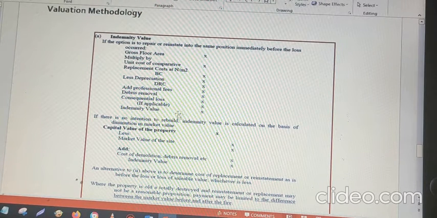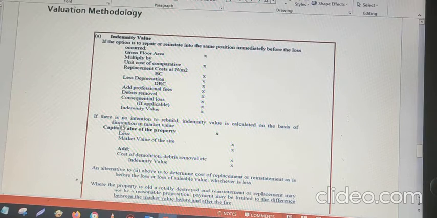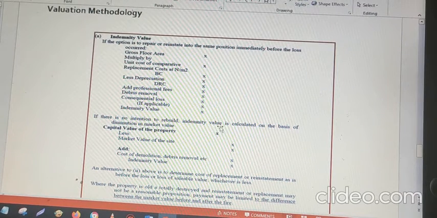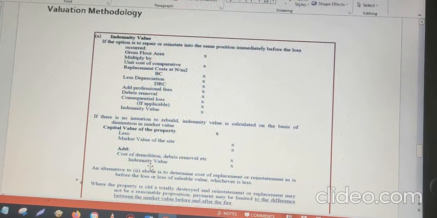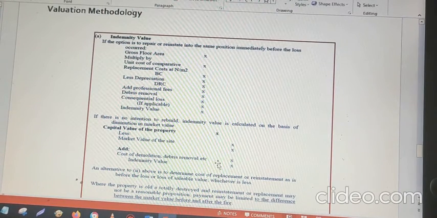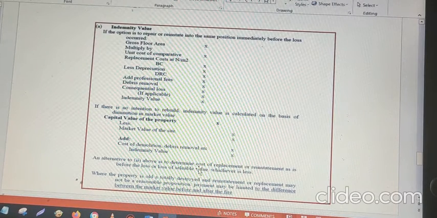2. If there is no intention to rebuild, indemnity value is calculated on the basis of diminution in market value. Capital value of the property, pre-fire, X, less market value of the site X, add cost of demolition, debris removal etc. X, indemnity value X. 3.